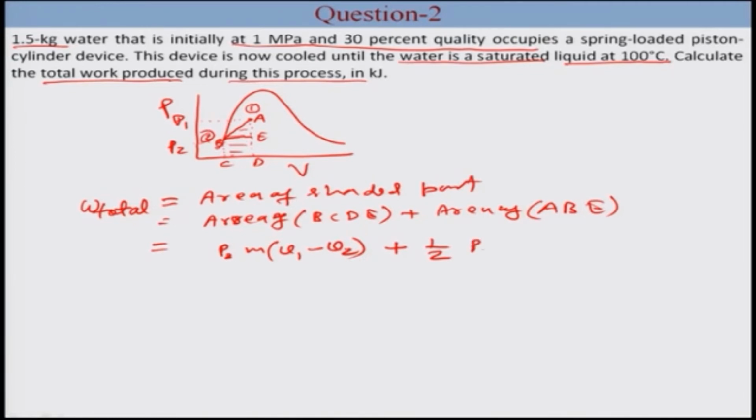AE is nothing but P1 minus P2 and BE is the total change in volume, so mass times the change in specific volume. So this gives an expression for the total work during this process.